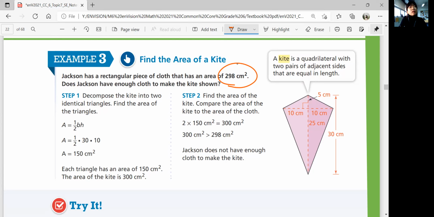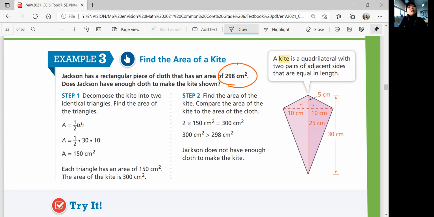Okay, so decompose the kite as well into four triangles. Okay, two pairs of equal triangles. So the top part, you have a height of 5 and a base of 10. And you have 10 times 5, that's 50, divided by 2 is 25, but together they're 50.